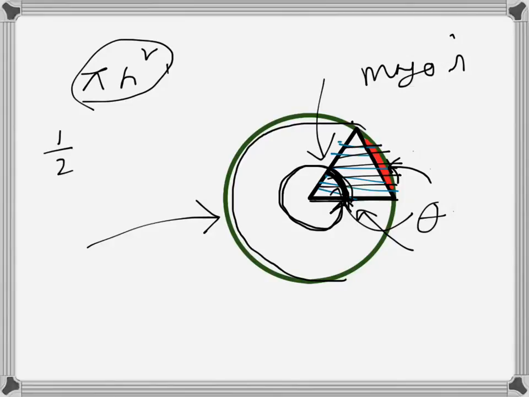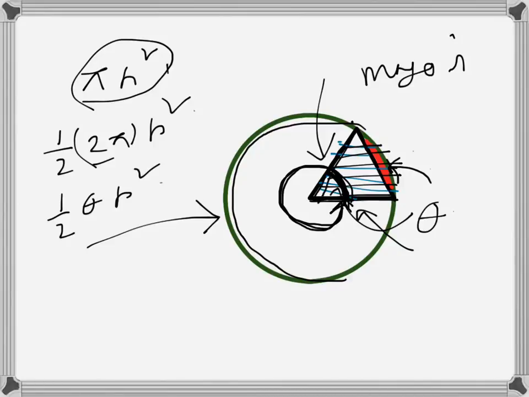We can write it like this: half 2 pi r square, and 2 pi is the angle through which it would rotate. So when it rotates for a smaller angle, which is this theta, the area would be half theta r square. So that's the area of the major sector, and the minor segment will be the major sector minus the area of the triangle.